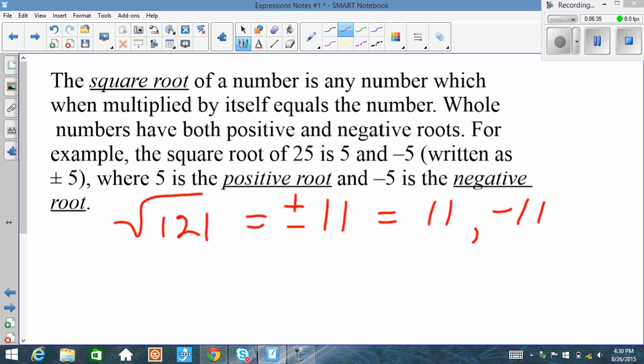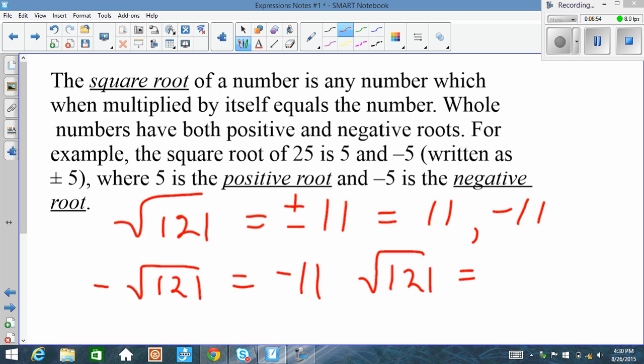Now sometimes we denote that as just regular notations. So sometimes you want a specific root. So sometimes when there's a negative in front of the 121, I really only want the negative root. And sometimes when there's nothing in front of the 121, sometimes we want just the positive root of 11.